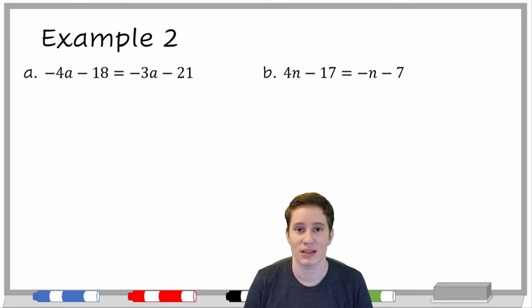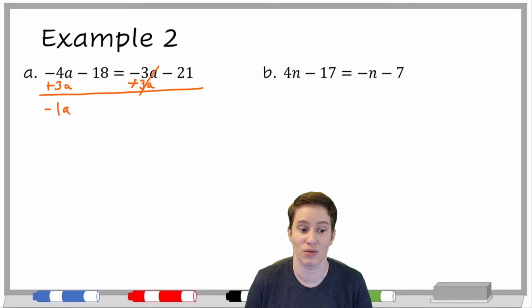So if we want to get the a's on the left side, I'm going to add this 3a over, sorry about that plus sign, so negative 4a plus 3a leaves us with negative 1a. You can write negative 1a, or you could just write negative a, which means the same thing. It might help you to write the negative 1 instead of just negative a, but it's up to you.